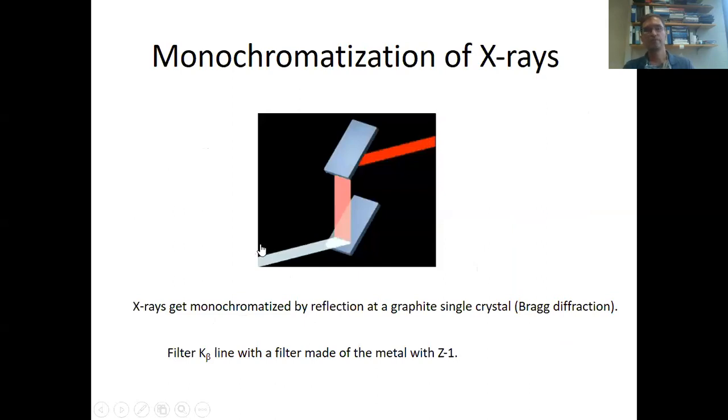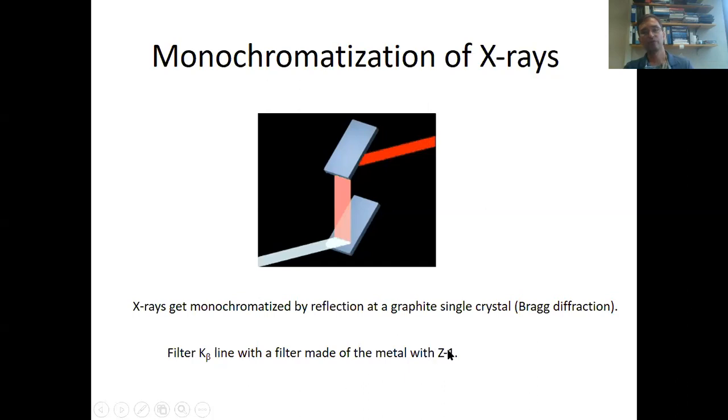For our X-ray diffraction experiment, we want to use what is called monochromatic X-rays, so X-rays that only have one specific wavelength. You can filter out the K beta radiation with a filter made of a metal with one proton less.